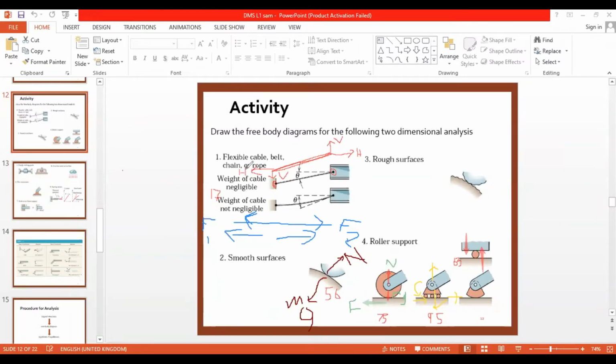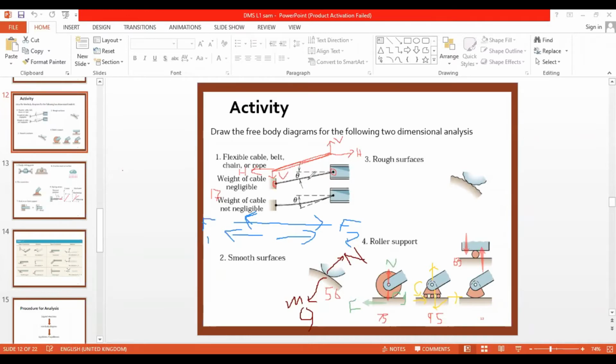So these H's cancel, and the V in the upward direction and the V in the downward direction also cancel. Altogether the resultant force would be 0, since this is in equilibrium and does not have any weight.